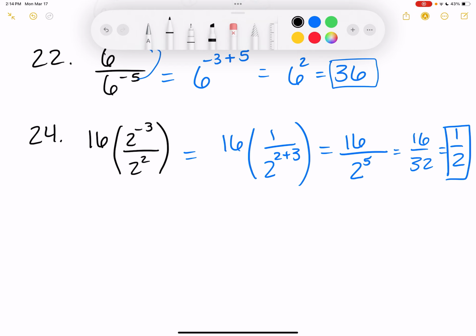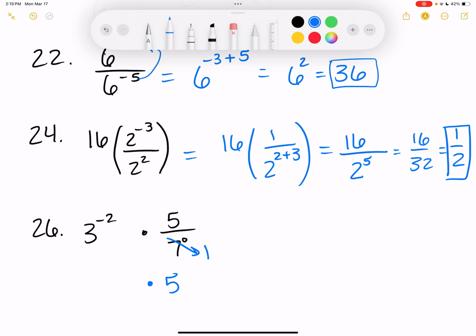All right, another kind of trick question here. Problem 26: 3 to the negative 2 times 5 over 7 raised to the 0. The 7 to the 0 is 1, so that just becomes 5. So this is times 5 because this is a 1.